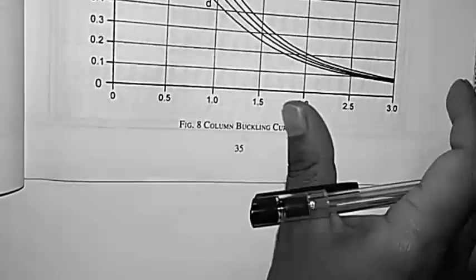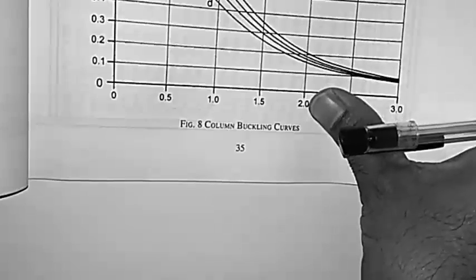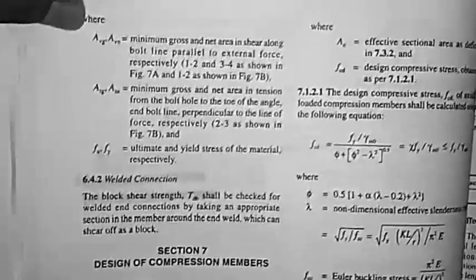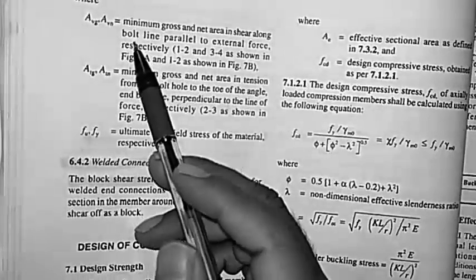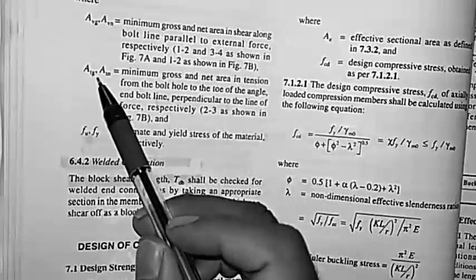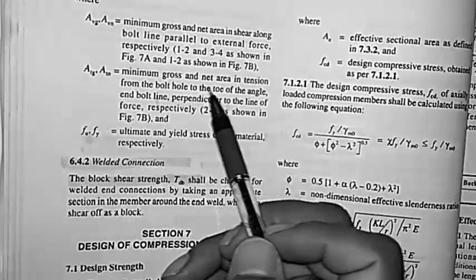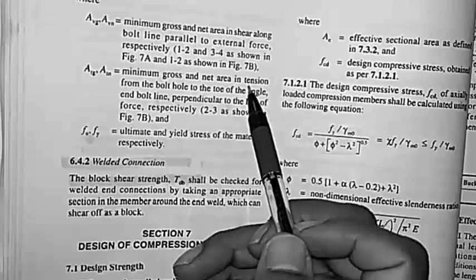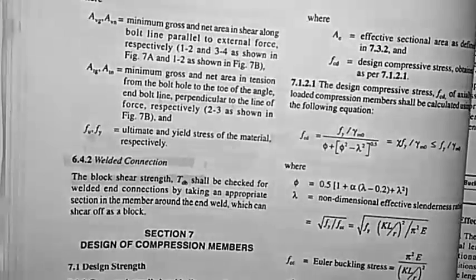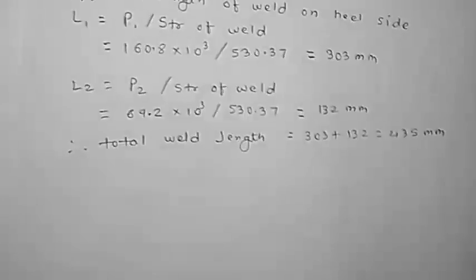And the next page you will get what exactly that AVG and AVN, that is minimum gross and net area in shear, while ATG and ATN, that is the minimum gross and net area in the tension. So we will calculate that.